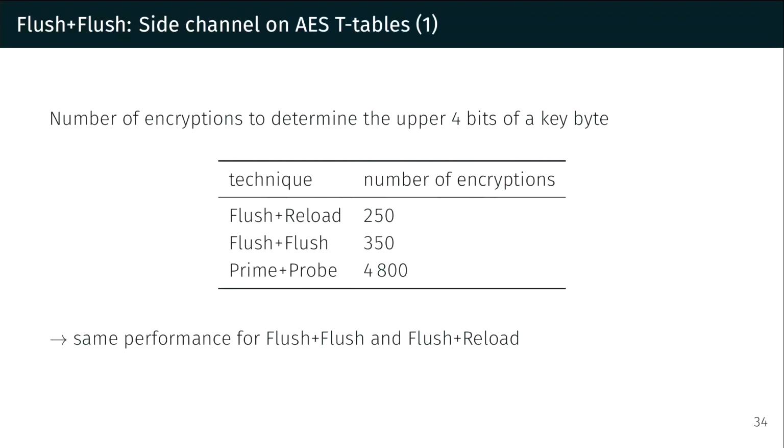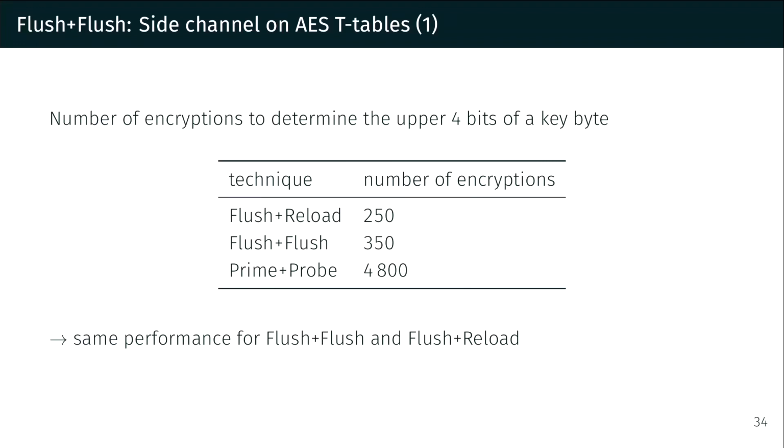Now, we also wanted to evaluate if it wasn't too noisy to perform some side channel attacks. So we did these side channels on the AES T-table implementation, the attacks that I've shown you earlier. We computed the number of encryptions that we needed to determine the upper 4 bits of a key byte. So here, the lower, the better the attack.